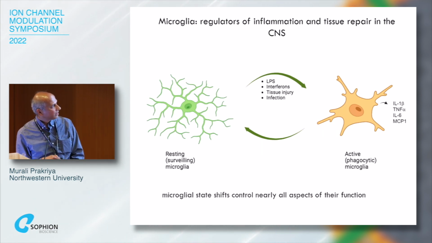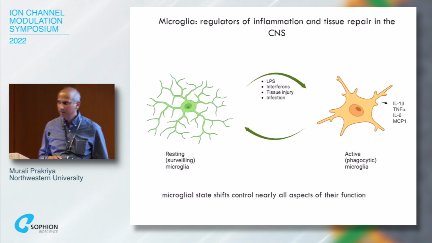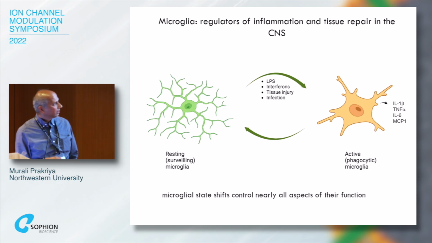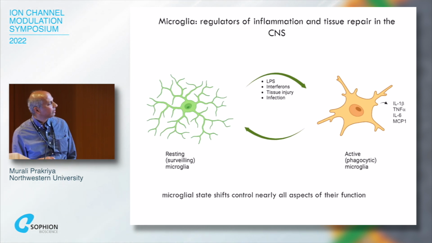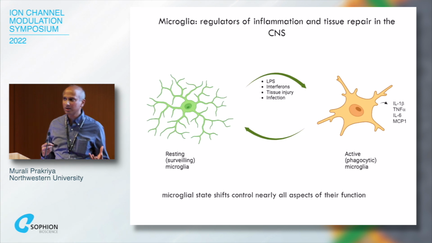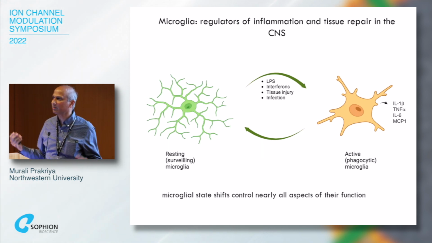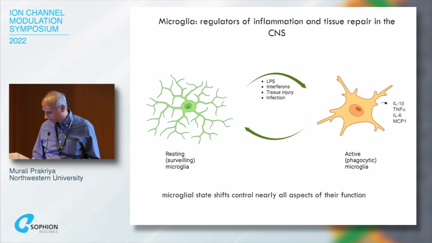There's a lot of interest in understanding the cellular checkpoints that control this dynamic transformation of microglia from a ramified morphology to this activated state, because these shifts basically control nearly all aspects of microglial physiological function.